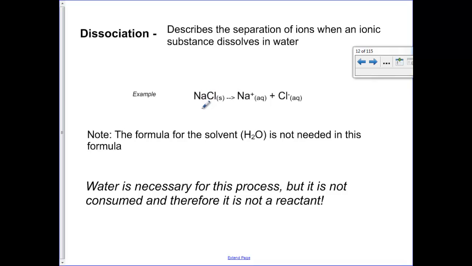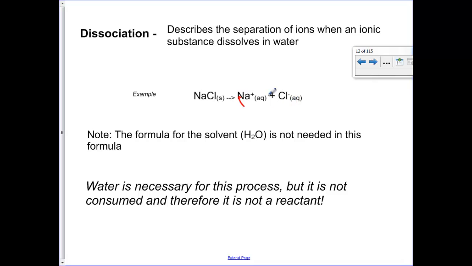Why? Because it's ionic, and ionic things dissolve in water because ionic things have positives and negatives, and water is polar. Water can pull apart positive and negative things. So this sodium chloride, salt, will dissolve into Na+ and Cl-.